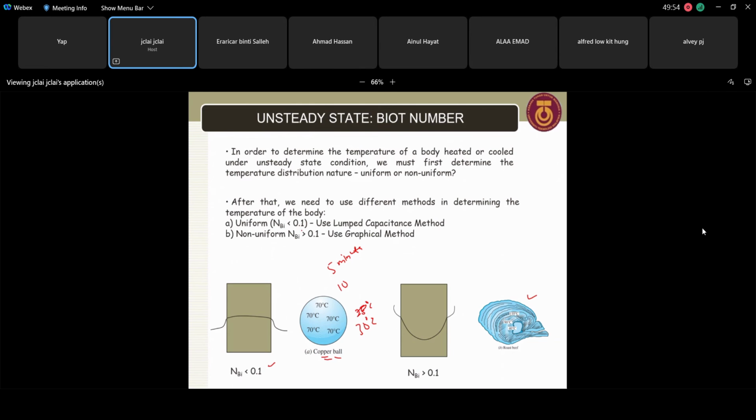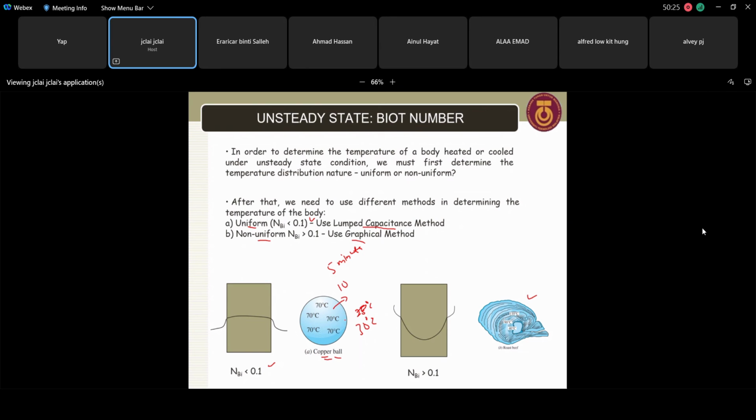So for case number one, whereby there is uniform temperature distribution, we use the lumped capacitance method. But for case number two, like the roast beef, where the Biot number is greater than 0.1, we need to use another method. It's called the graphical method.